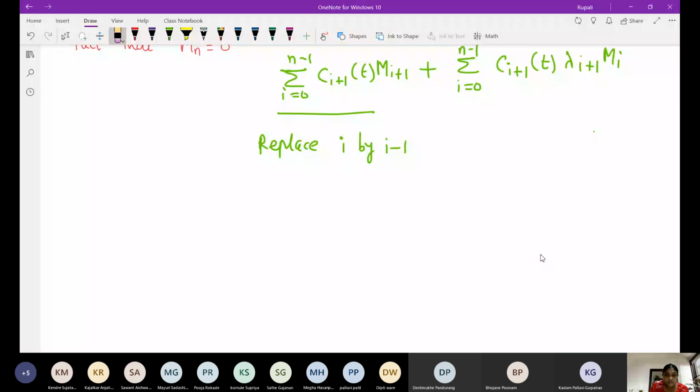If i is 0, my new index will be minus 1 to n minus 1, that is 1 to n. Summation i is equal to 1 to n, this will be ci of t and mi. Is it okay?